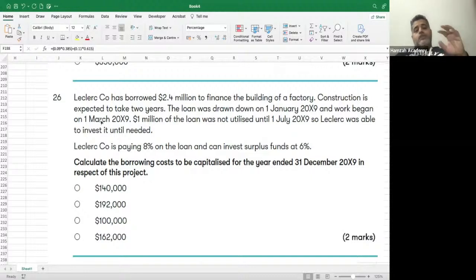Now, this reinvestment which you have done, you are getting interest as an income as well from the amount which you have borrowed. The company is paying 8% on the loan and can invest surplus funds at 6%. You have taken the loan, you are paying the 8% interest cost, and you are investing at 6%.